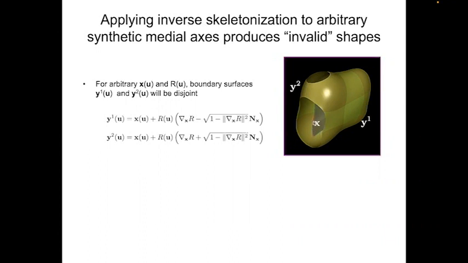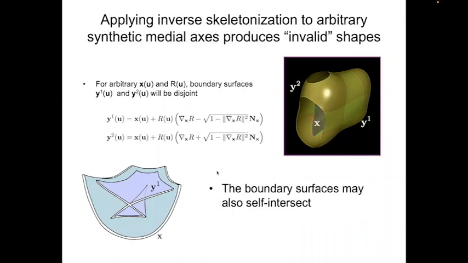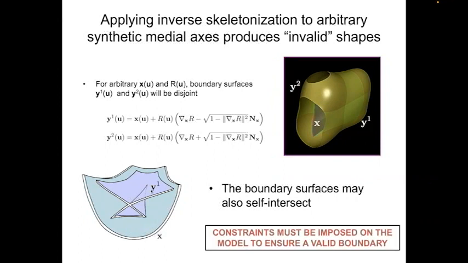Again, this has to do with the curvature of x and the rate of change of r, and if x curves too fast or r changes too fast, y is likely to cross itself. So it's not so simple. We cannot just write down this expression and go home. We have to make sure that whatever the inputs x and r we put in will not create these two kinds of situations.